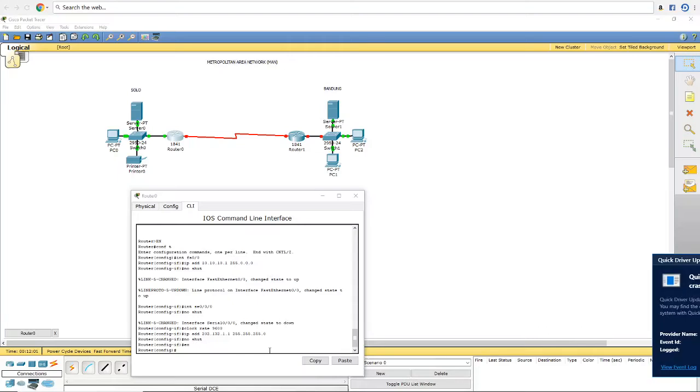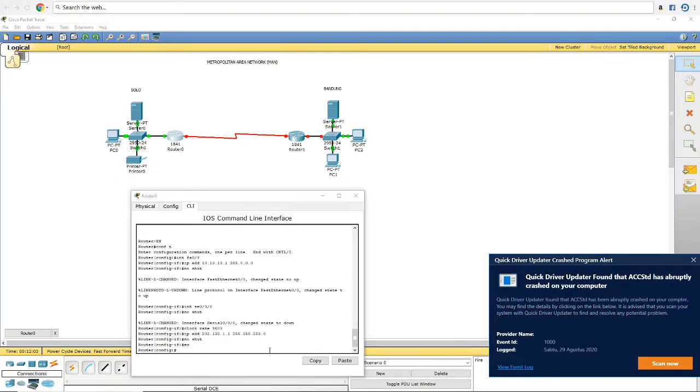After this, we have to configure IP route.